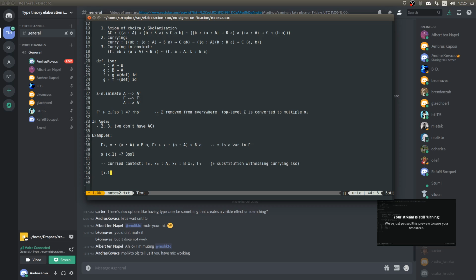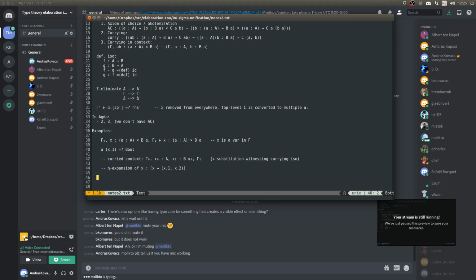After we do this, x becomes substituted to x1, x2. So there is this eta expansion of x.